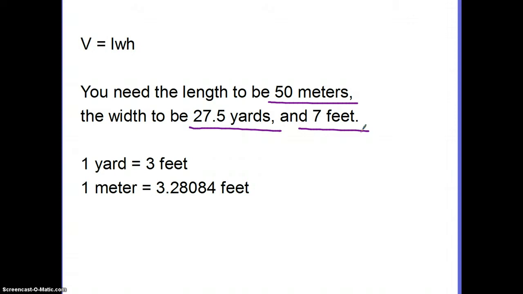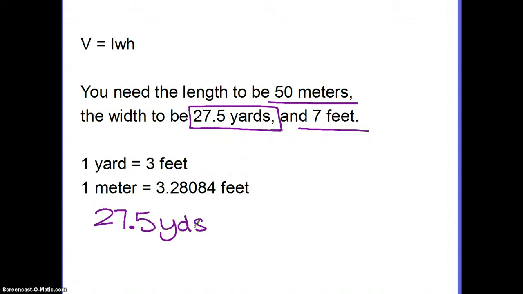So for this one, we're going to turn everything into feet, and then we're going to plug it into the volume formula. The first thing we're going to start with is yards: take 27.5 yards and turn yards into feet.